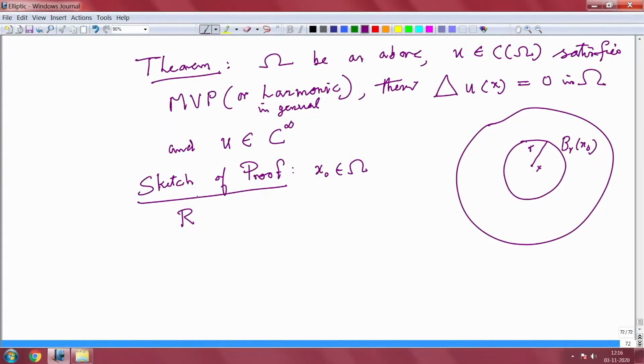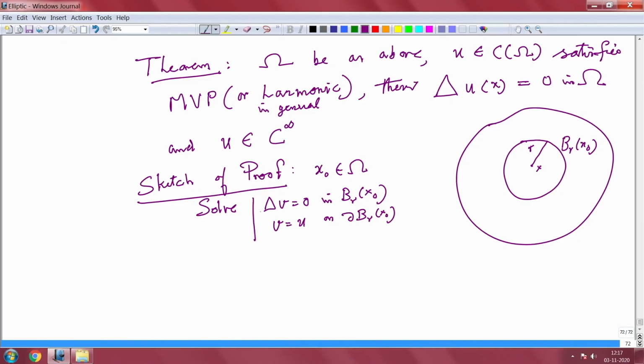So, you have to solve it, right. That is a major thing. So, solve Laplacian of v equal to 0 in B_r of x naught, and v equal to u on the boundary of B_r of x naught.